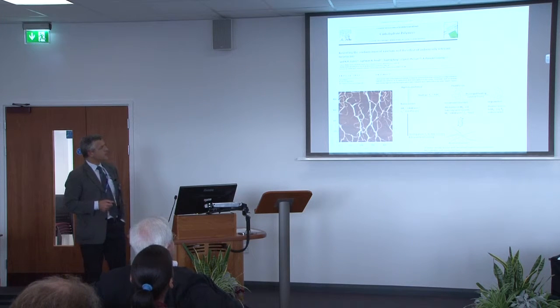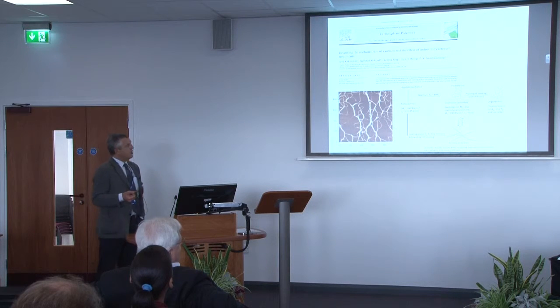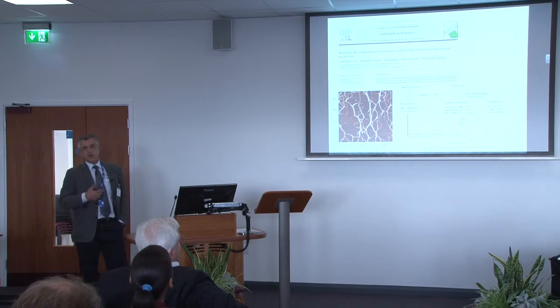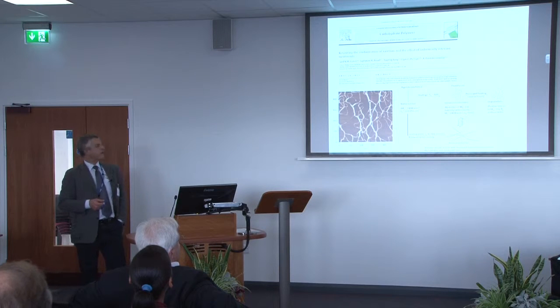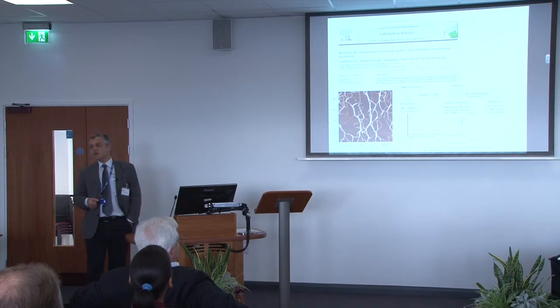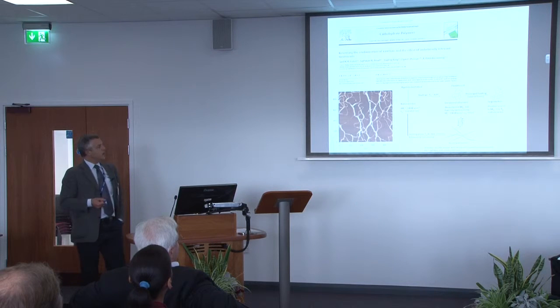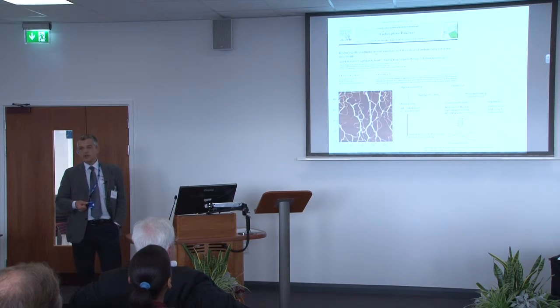Xanthan is also another example because it's a bacterial polysaccharide, and depending on how it is treated by the manufacturer, it could have some variation. But subsequently, when it's used in the industry, it is subjected to various conditions such as heating, sterilization, such as autoclaving, also high pressure homogenization.